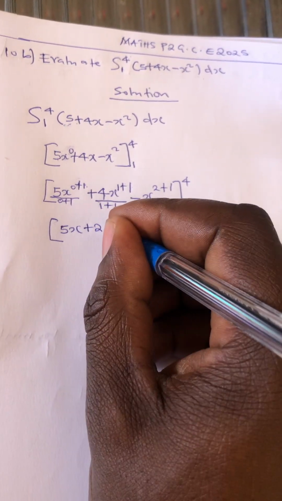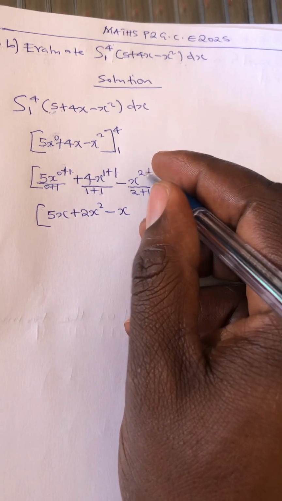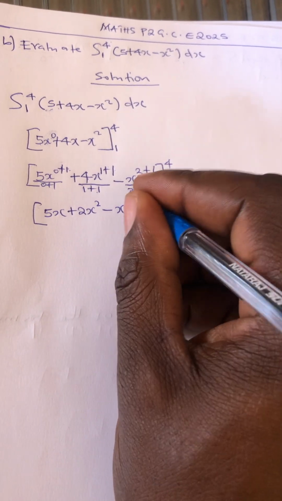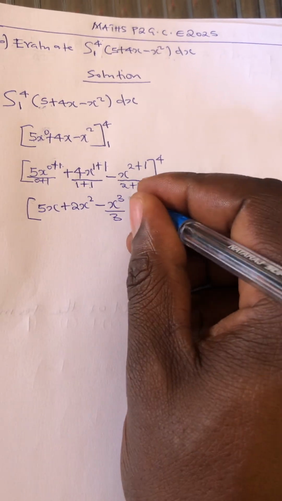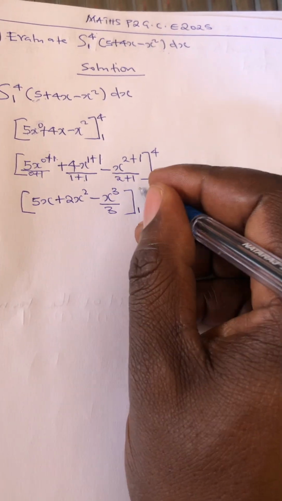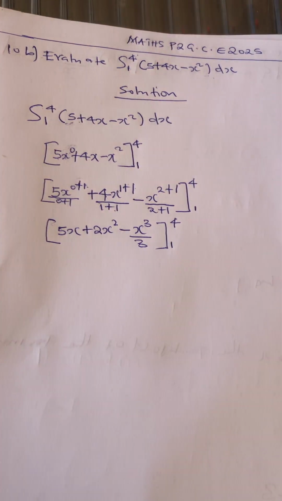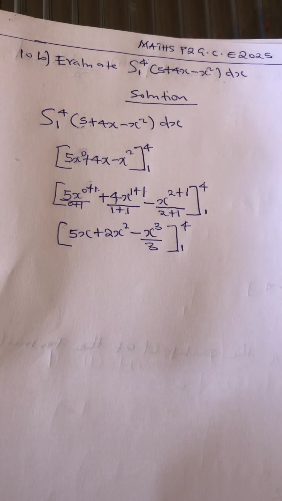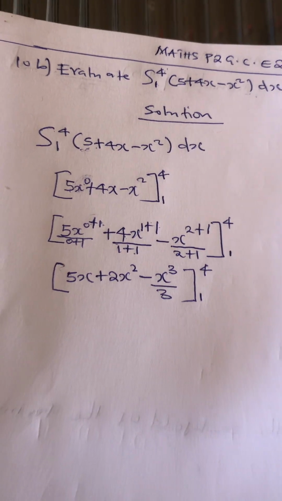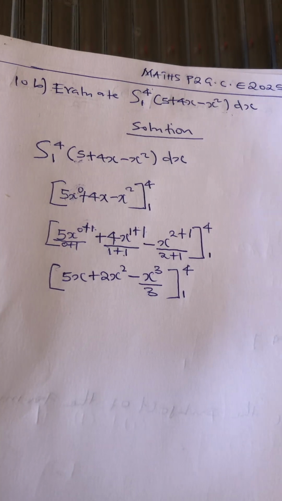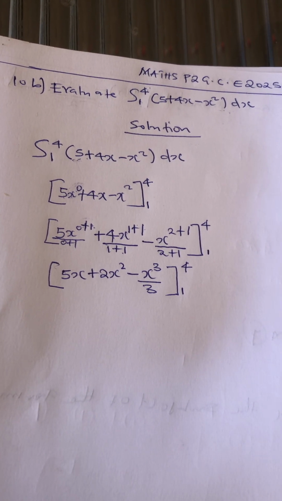So we have 2x to the power 2 minus x, 2 plus 1 gives 3, over 3, with limits 1 to 4. We have now integrated.